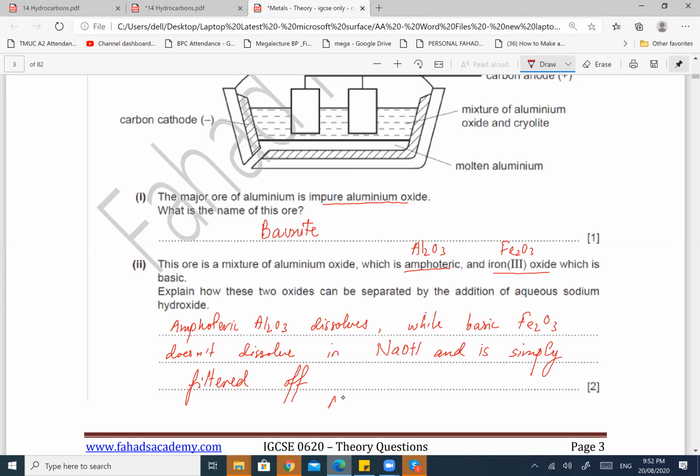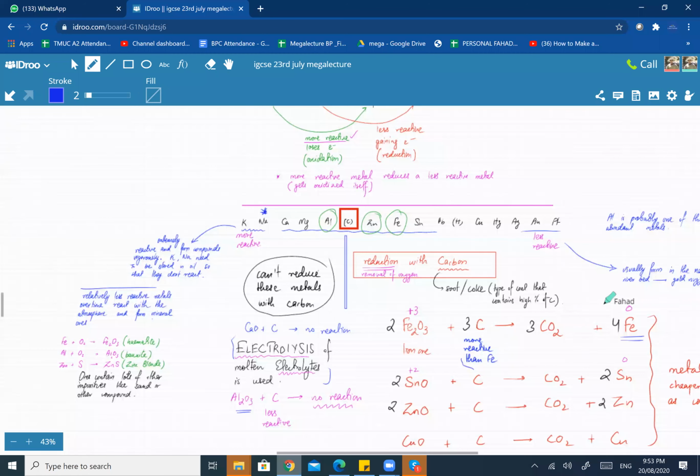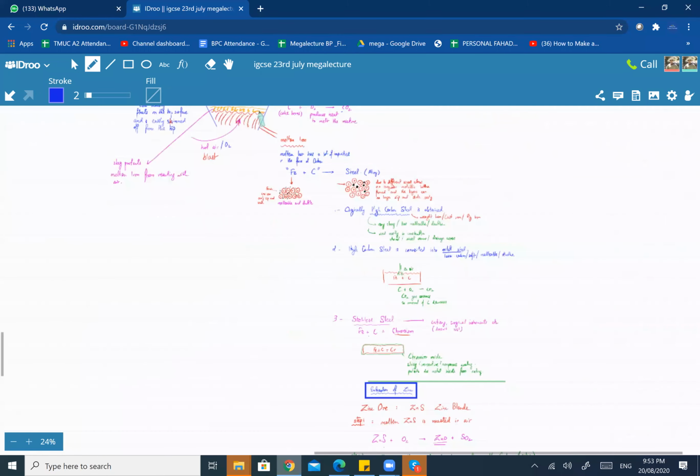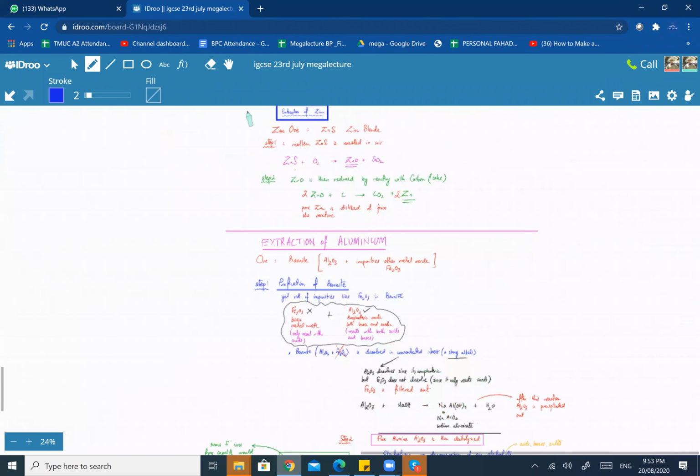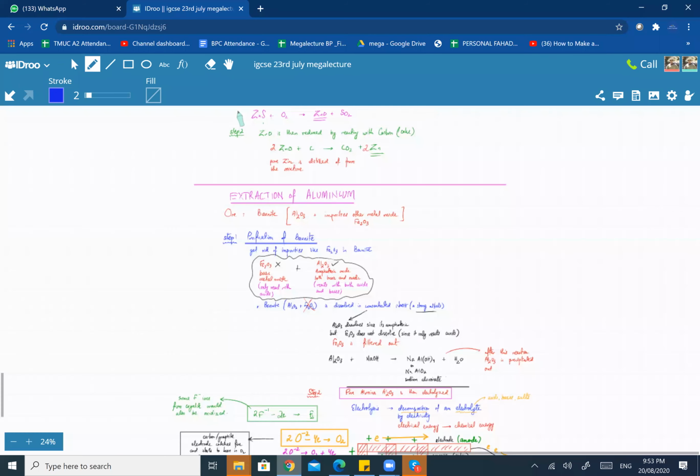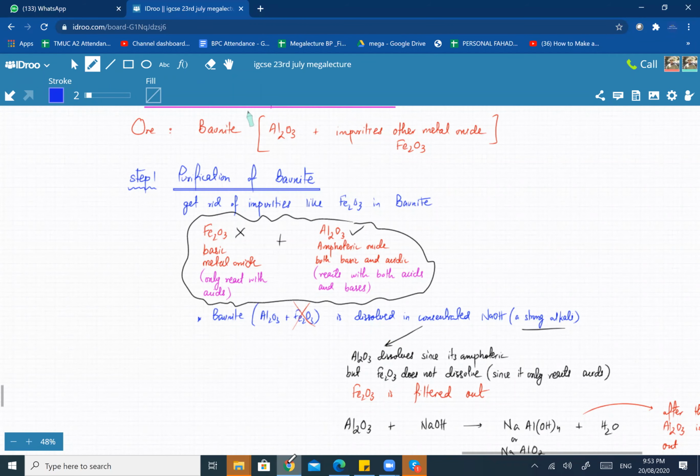उसकी इक्वेशन भी लिखी थी हमने, although it's not required, 2 marks probably हो चुके हैं. The equation was कि NaOH के साथ if you react it, it's going to form NaAlO2 plus H2O. ठीक है, you can balance this out. ये तो लिखा हुआ भी है कि कहाँ पे एल्यूमिनियम कहाँ पे गया है? यहाँ पे जो स्टेप नंबर 1 है वो यही था.